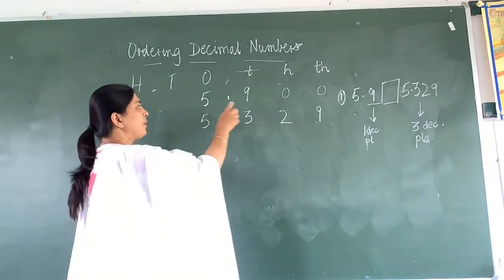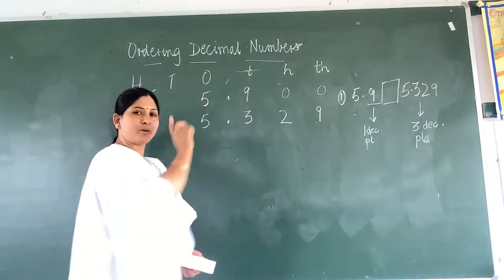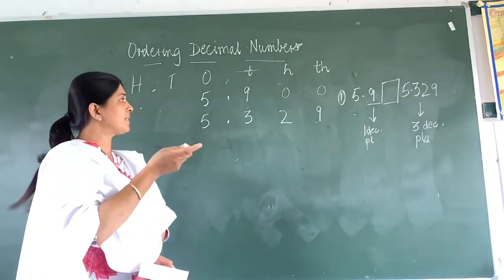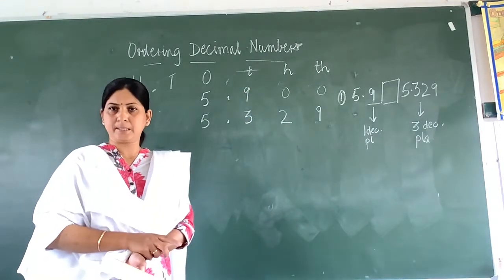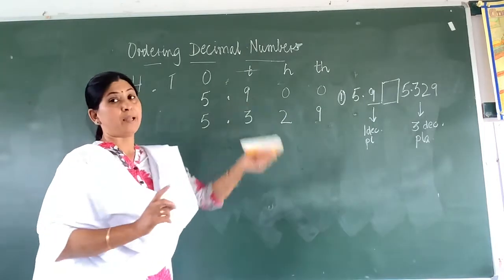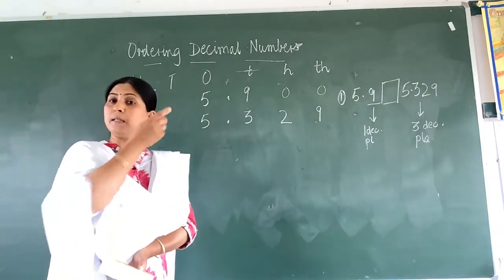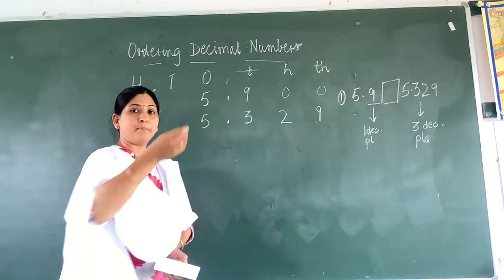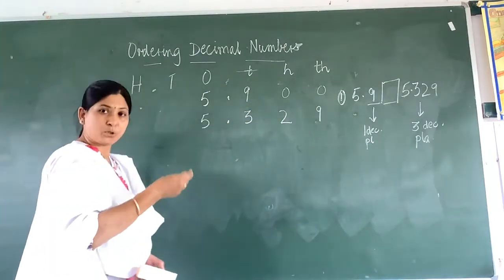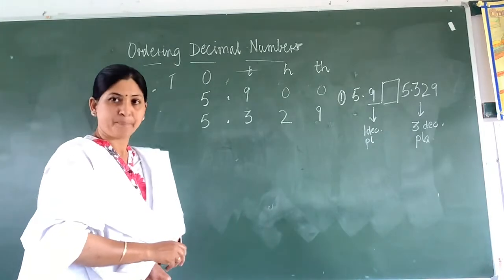Now 5.900 has 3 decimal places, isn't it? There are 3 digits after the decimal. So now we have converted these two numbers into like decimals. Now 5.9 and 5.900 are the same. Adding zeros on the right hand side of a number does not change its value. I'll show it to you after completing this sum.